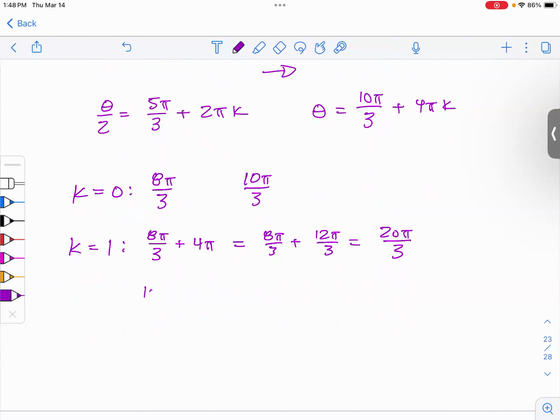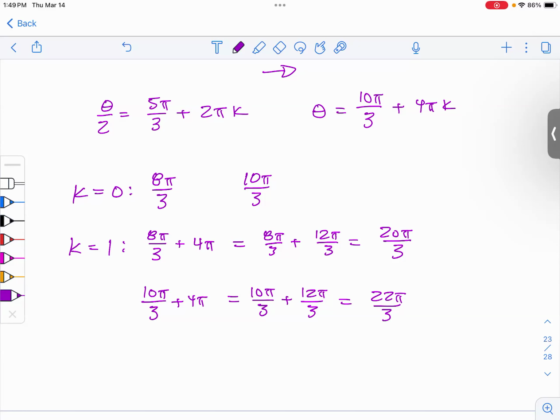And the other one, 10 pi over 3 plus 4 pi is 22 pi over 3. Already at k equals 1, we have 22 thirds, because I know 24 thirds is 8 pi. So I already know that if I try another one, I'm outside my range.